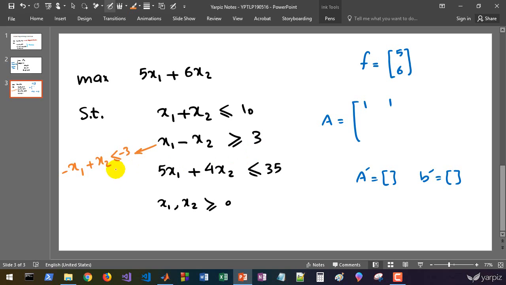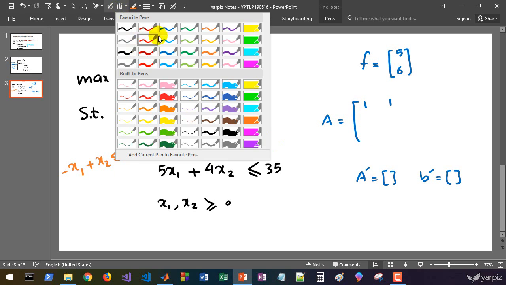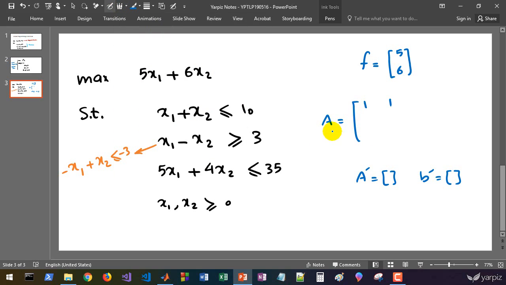And this is the general form we accept for the matrix form of our linear programming model. So the second equation is modeled with -1 and 1, and the third equation is formulated with 5 and 4 as coefficients, and the right-hand side of our inequalities is given by 10, -3, and 35.